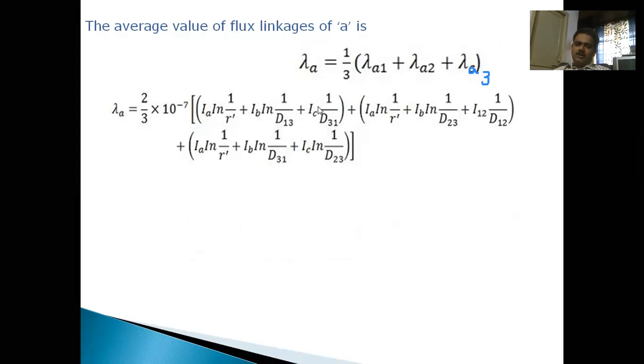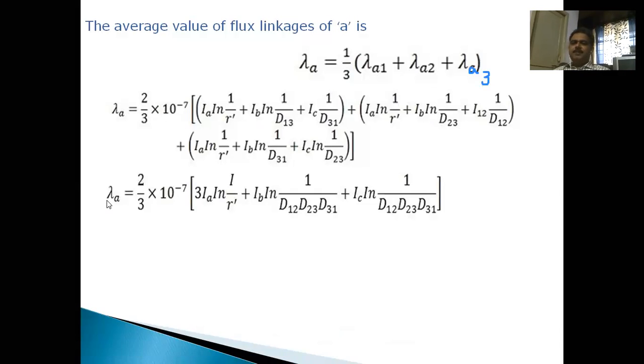So here ln is missing again. So IA ln 1/r dash plus IB ln 1/D31 D23 D12 and so on. Just substituting all the 3 above equations, and 2 into 10 to the power of -3 divided by 3. So you will get the simplified form.